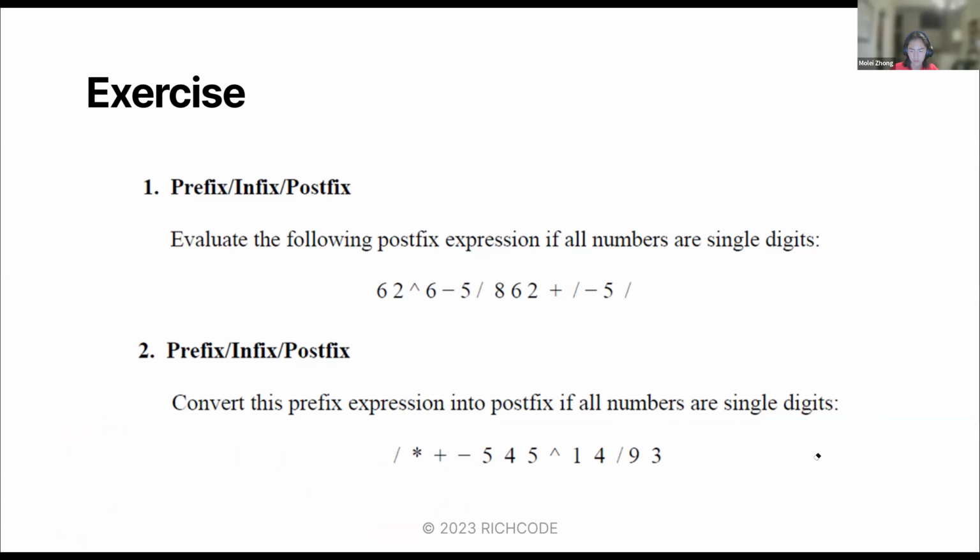And once again, if you have an answer, just send it into the chat. Oh, sorry. Oops. Convert.